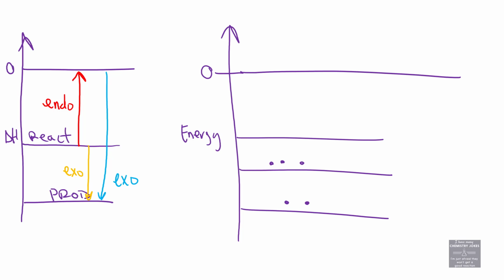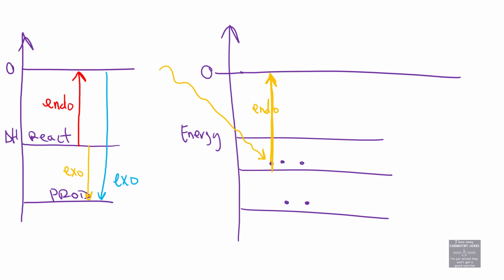But if I need to eject an electron, I can put in energy as light, and I can eject an electron. The electron has to overcome this threshold at 0 in order to be ejected. That's an endothermic transition. Energy has to be put in to eject that electron.